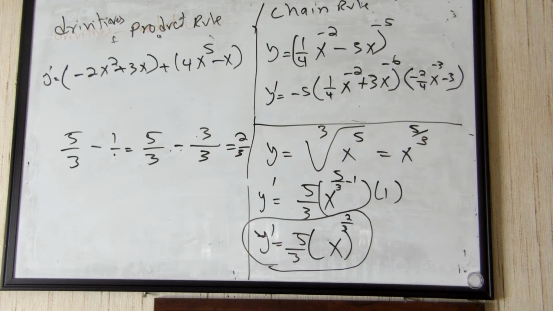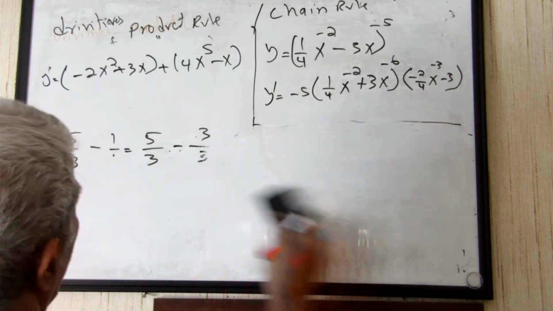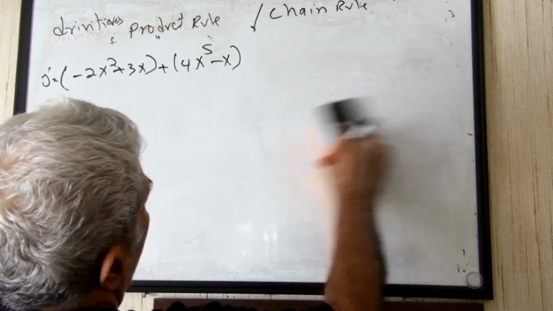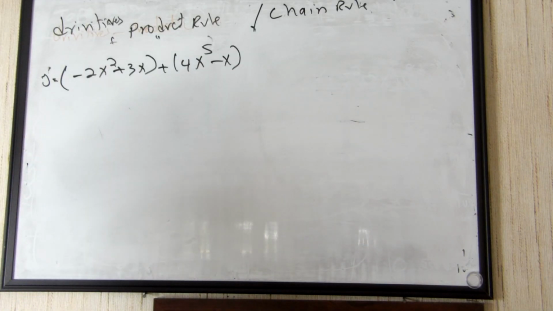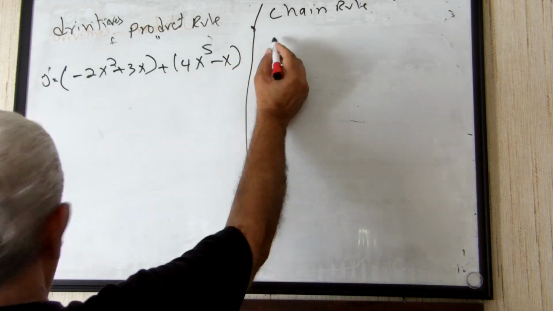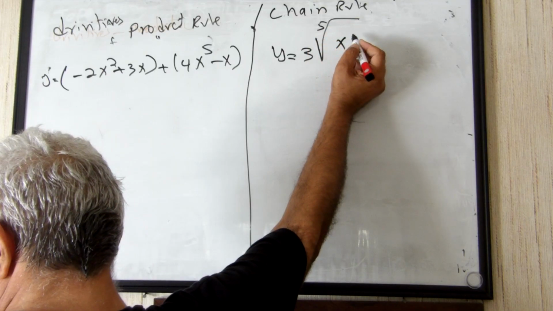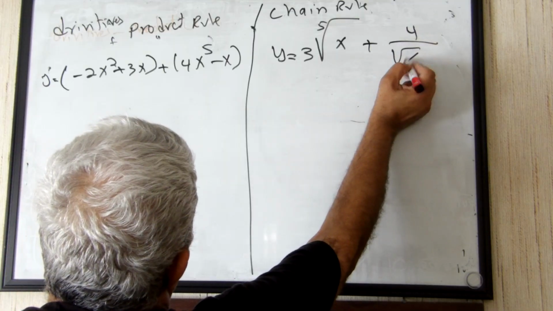So let's give one more example of this one. 3 times the fifth root of x, plus 4 over the square root of x.